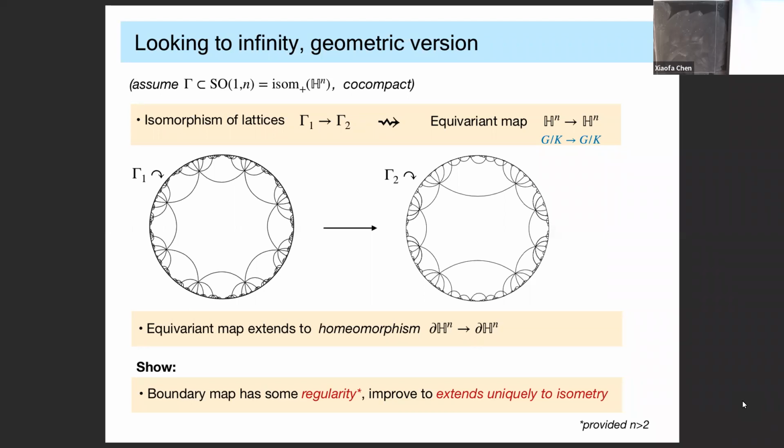So I can translate this into an equivariant map on the hyperbolic spaces in which these were lattices in the isometry group. Here I've cartooned this picture in the only setting where you actually have real deformations, where n equals 2.